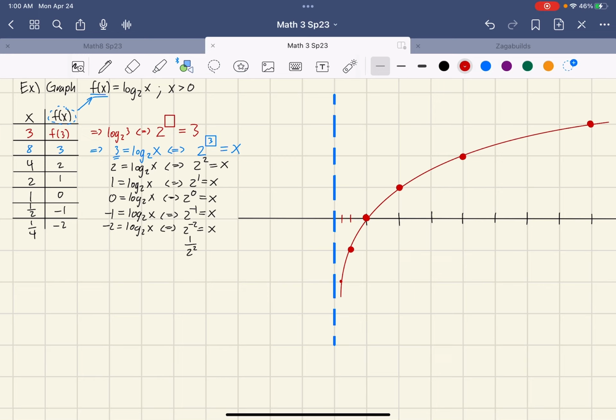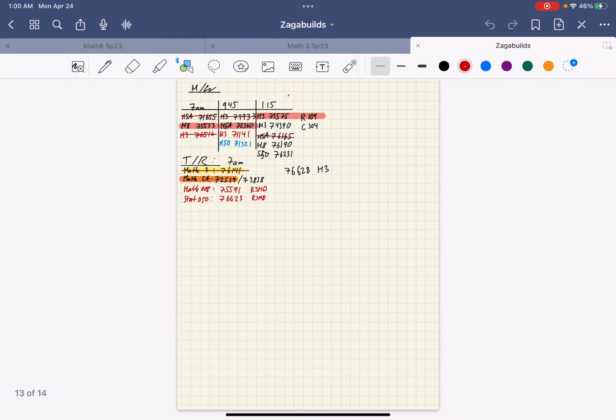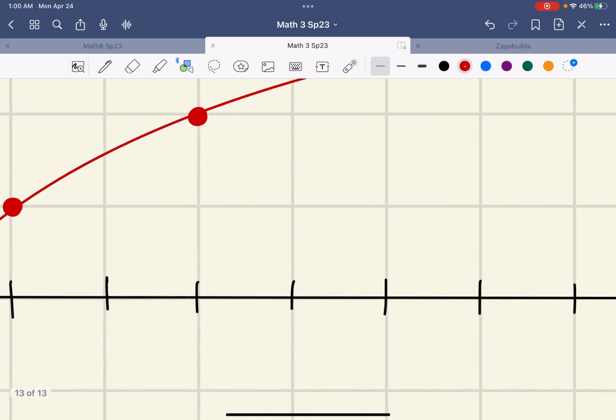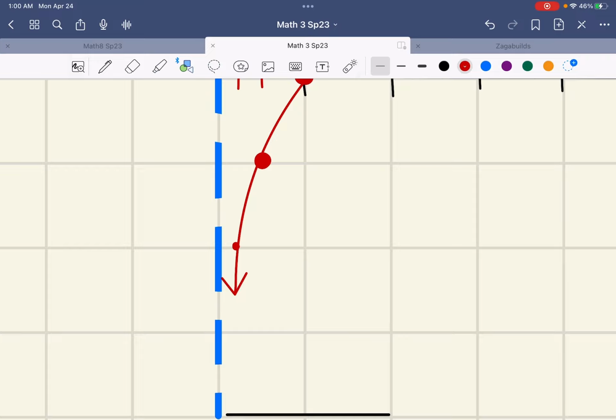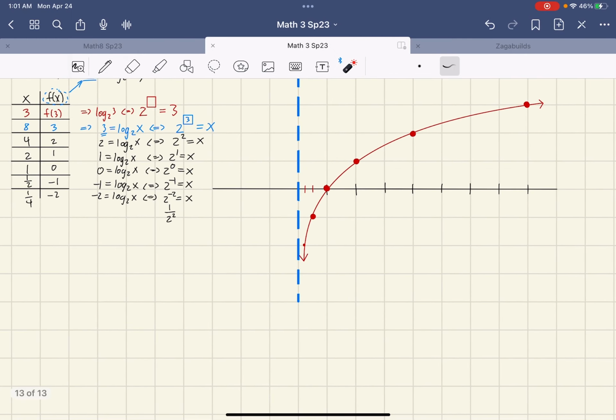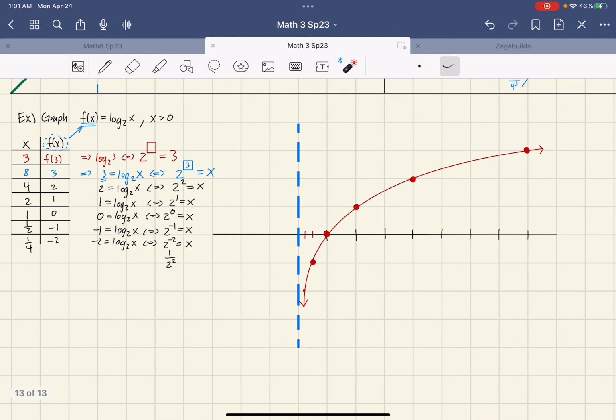That's a rough idea. Again, it does continue downward, but it doesn't go completely vertical here. It does get gradually closer and closer to the vertical asymptote. Similar behavior when it came to rational functions. Now, this was just when our base is 2.